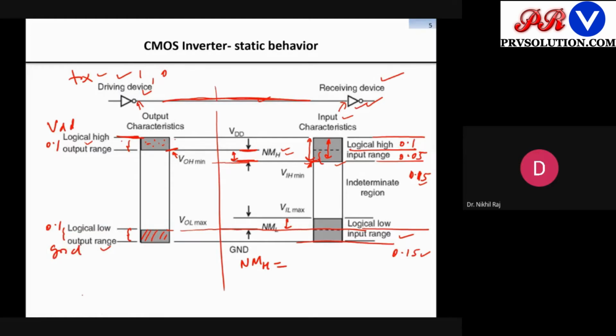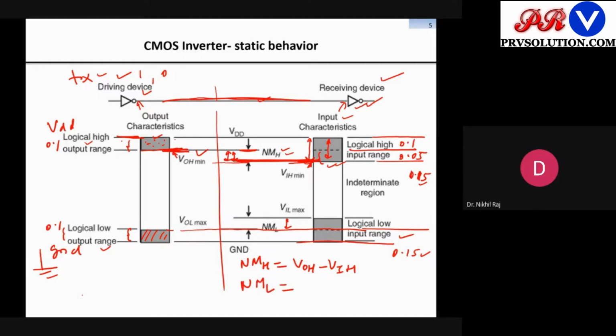High noise margin will be from VDD; this was your weak one, and this was due to the noise. But since this range is acceptable, noise margin high will be given by VOH minus VIH. We are measuring with respect to ground, and ground is here. With respect to ground, VOH will be at higher potential and VIH will be lower. So VOH minus VIH. Similarly, noise margin low.